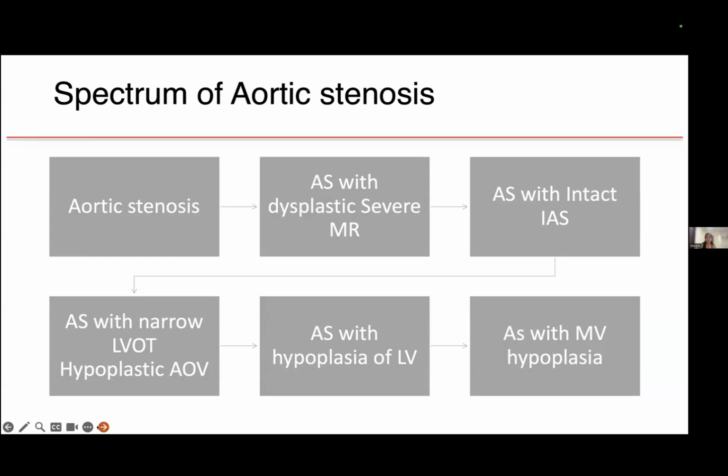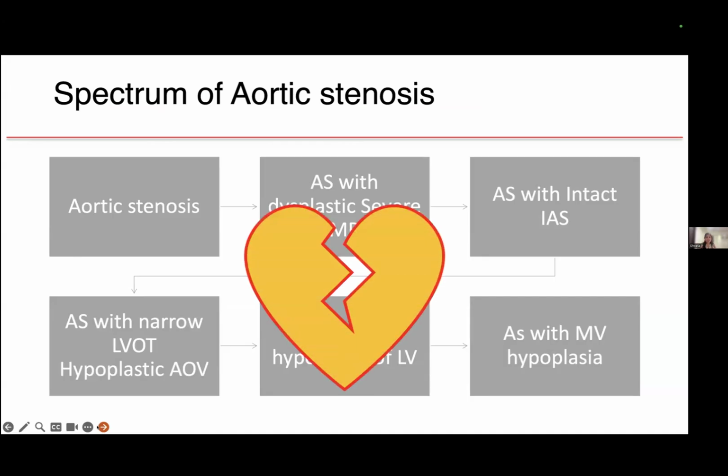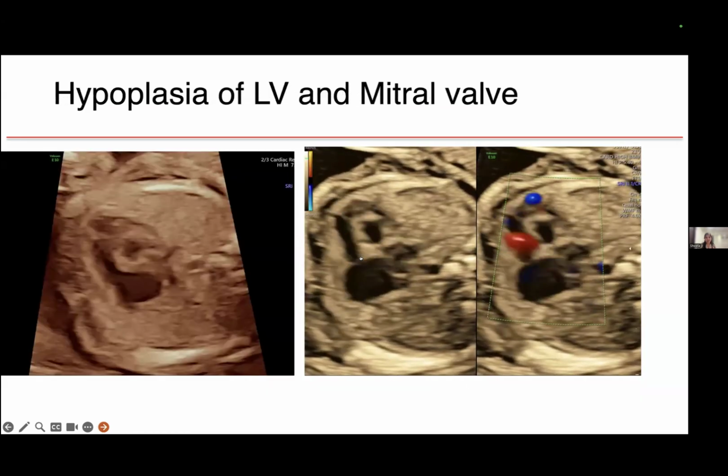It can be aortic stenosis with dysplastic MR, aortic stenosis with intact septum, with narrow LVOT, arch abnormality, AS with hypoplasia of LV, AS with a primary abnormality of the mitral valve leading to hypoplasia of the mitral valve. So this is the spectrum of aortic stenosis associations possible, and let's see how many of them we can really treat by fetal cardiac intervention.